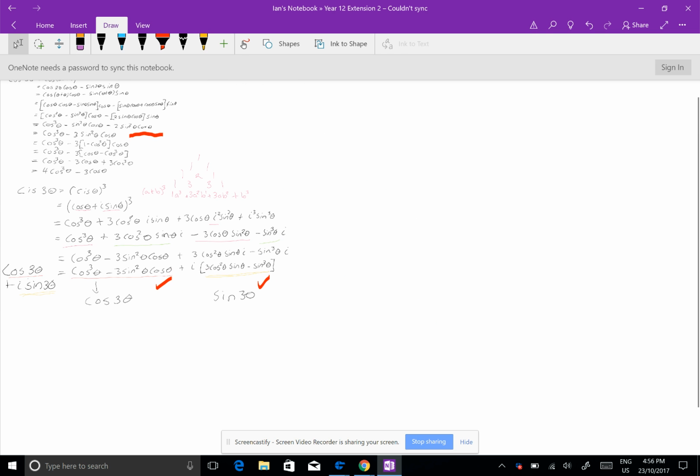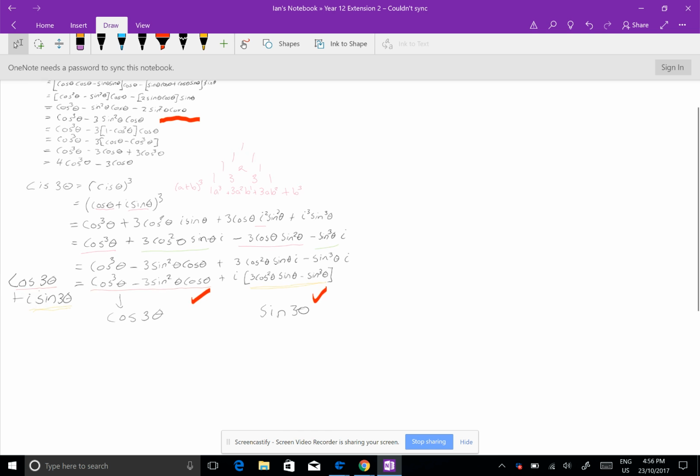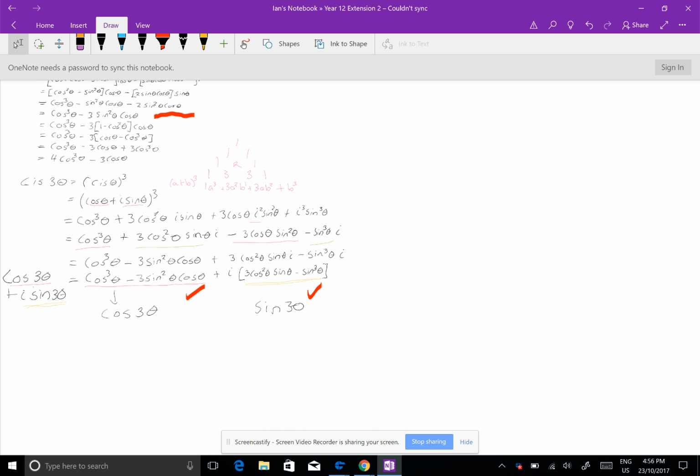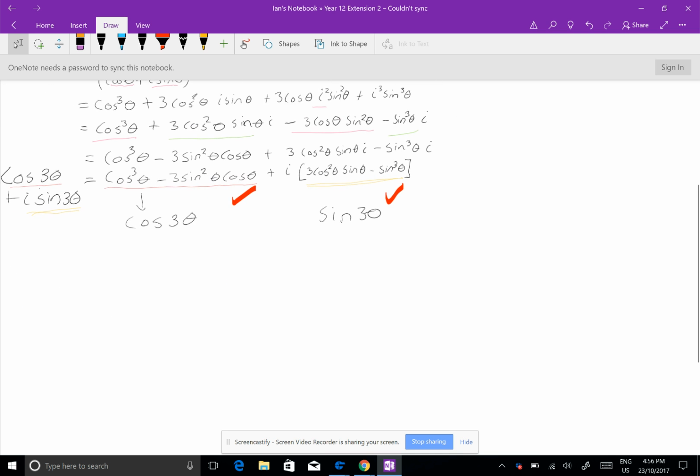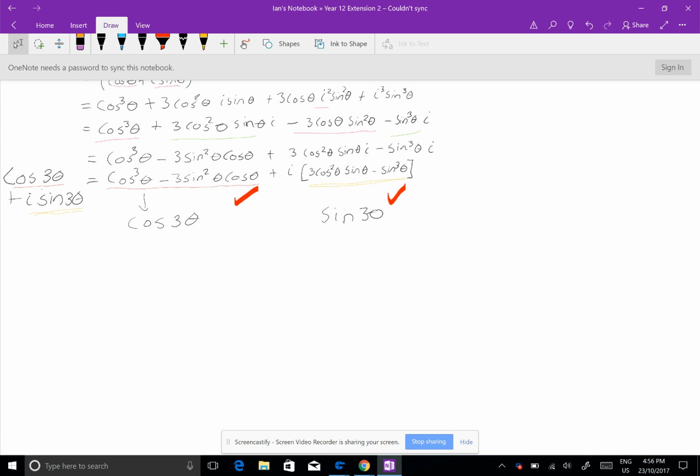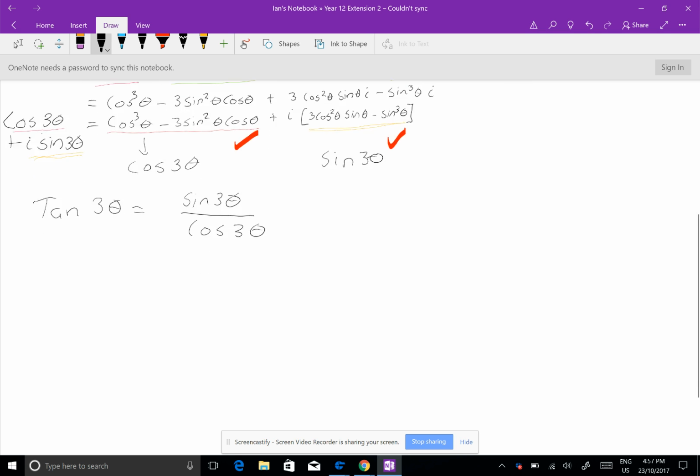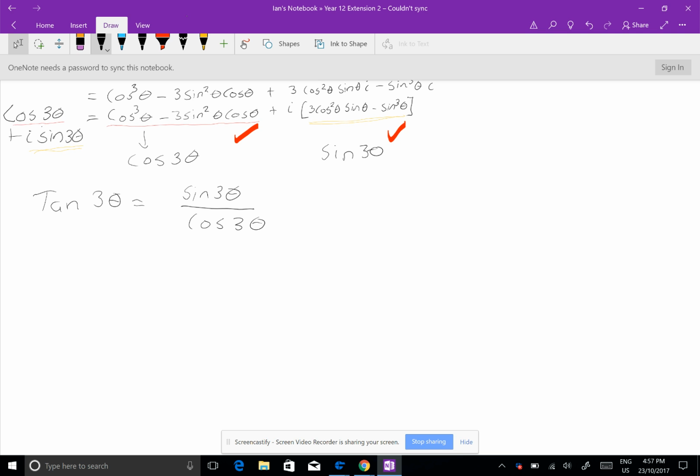Now, there's one more bit that we have to do, and that's tan 3 theta. So let's have a go at tan 3 theta. Well, what does that equal? Well, tan 3 theta is sine 3 theta over cos 3 theta. Well, I've got those two, so let's write it out.